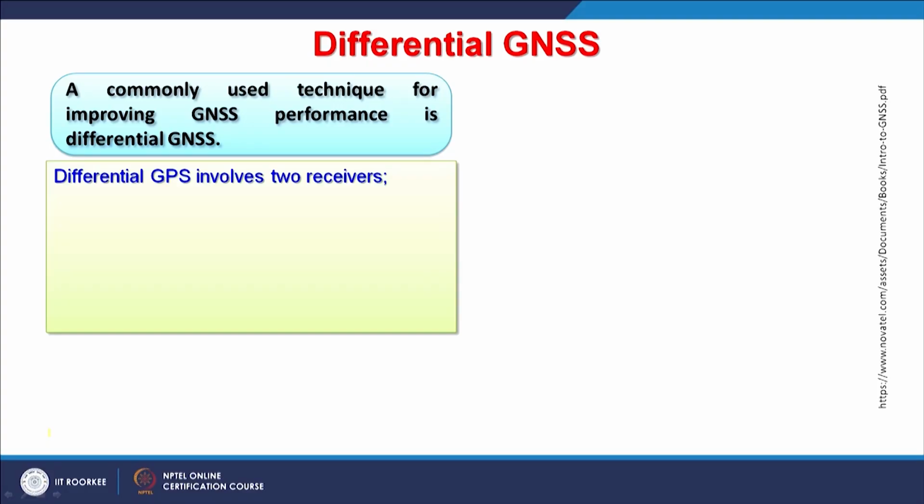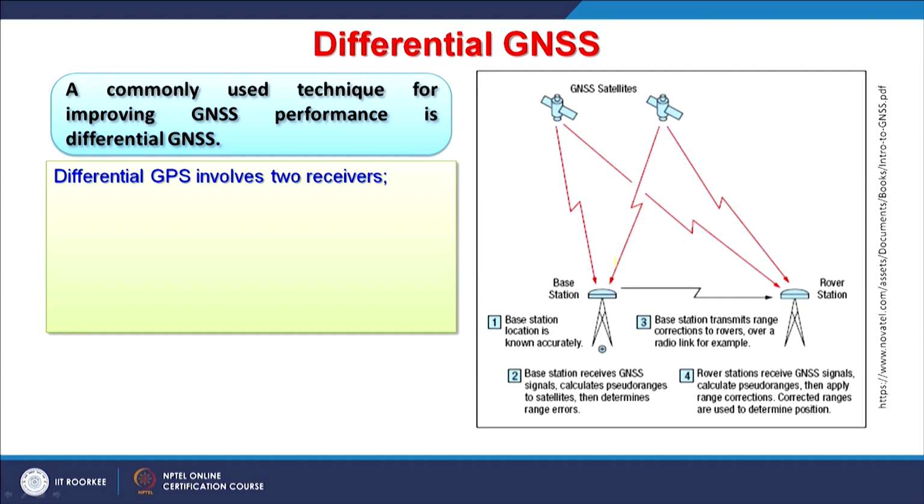So it is basically a differential technique to improve the performance, and differential GPS involves, as just mentioned, two receivers. As you can see, one is the base station and another one is the rover station, and these two receivers will have some distance. This is the baseline.